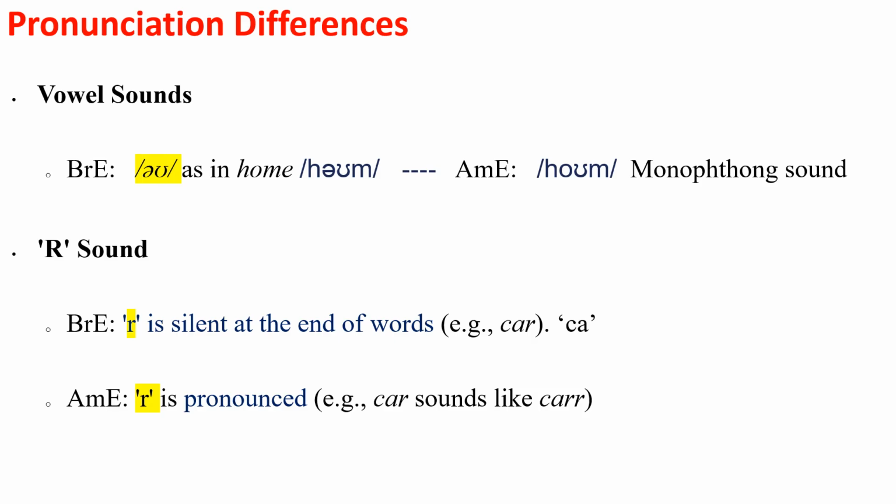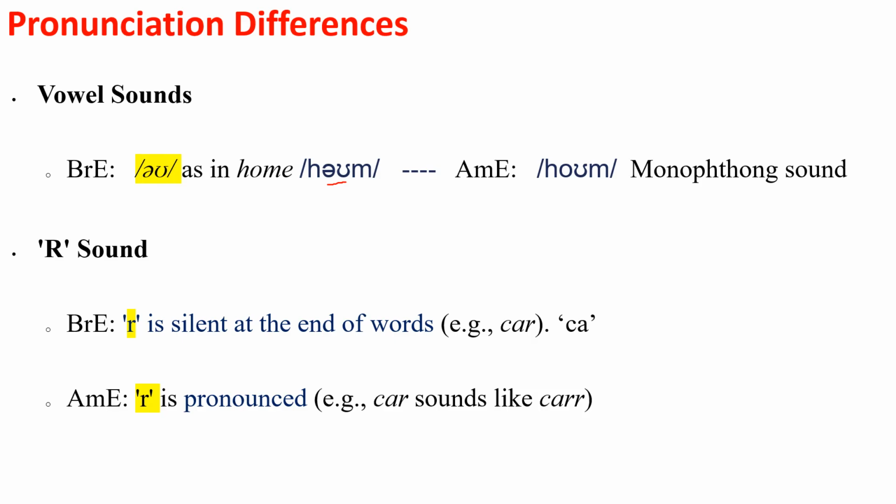So let's look at a last category of key differences: pronunciation differences. See the difference of vowel sounds in British and American English. In British English, the vowel as in home is a diphthong, just like the sound in go.